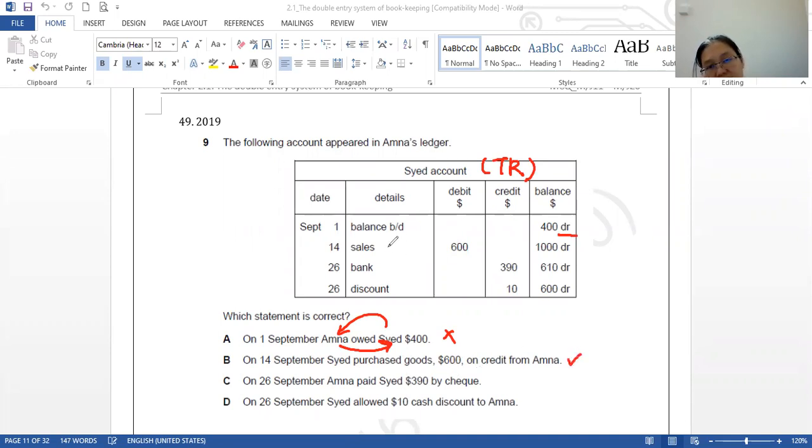Yes, because this is sold to Cheng. Anna paid Cheng 390. No, this one should be Cheng paid Anna. Cheng allowed $10 cash discount to Anna. So this one should be changed, so your answer should be B.